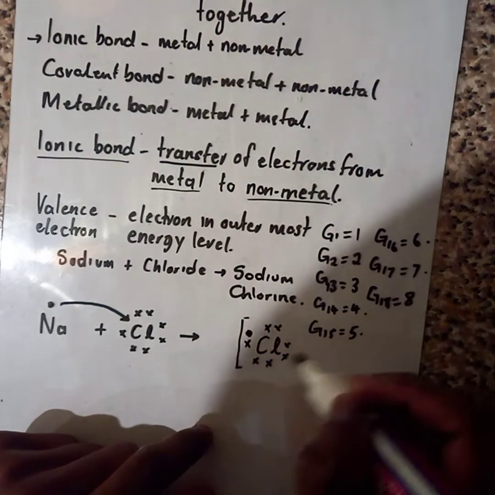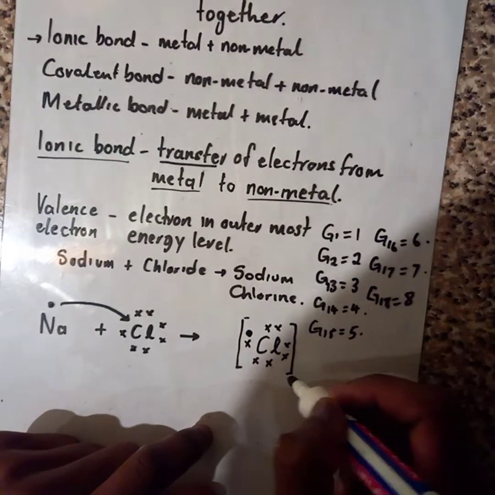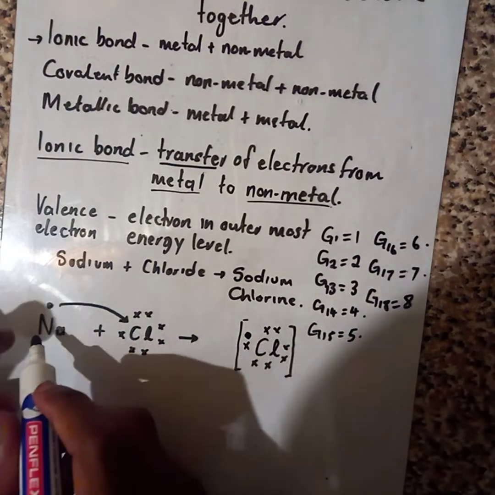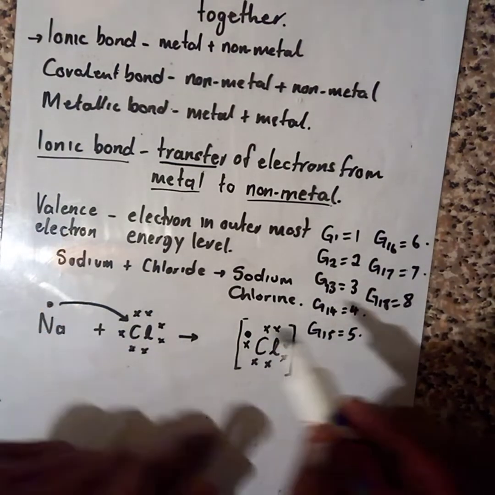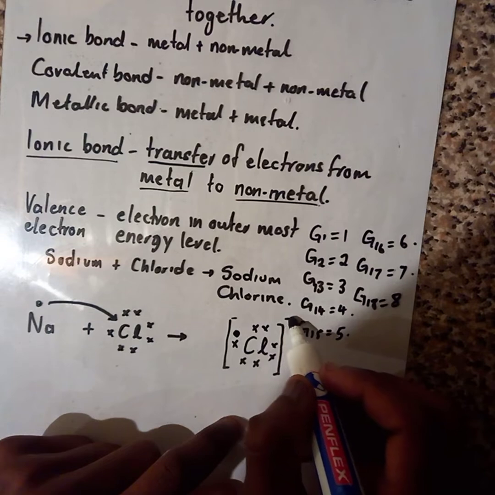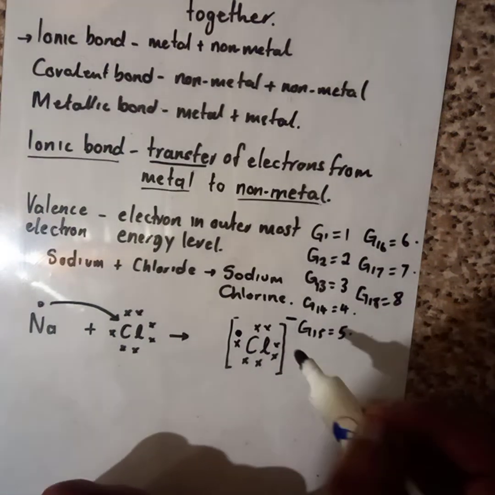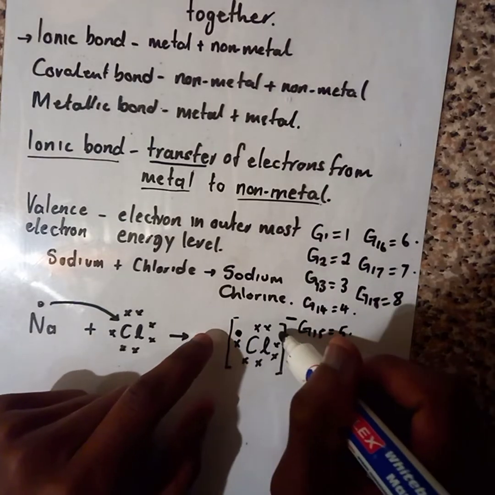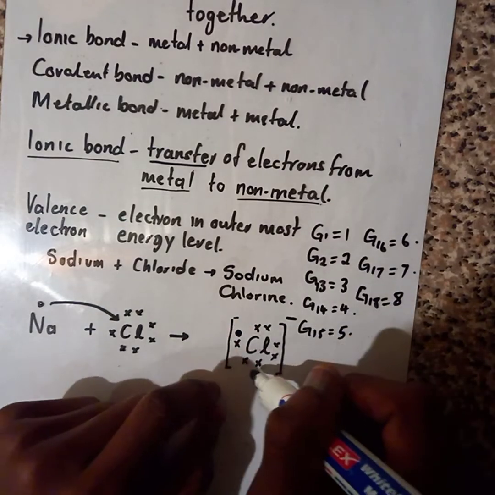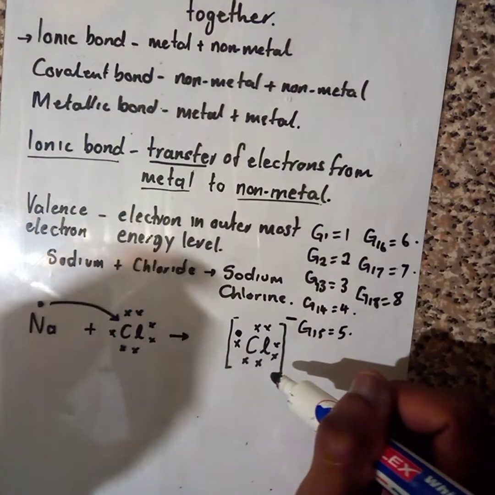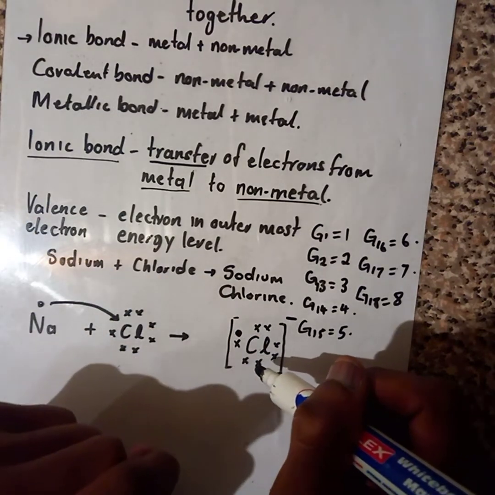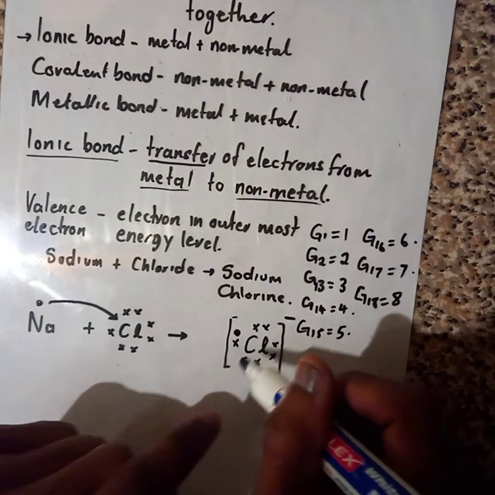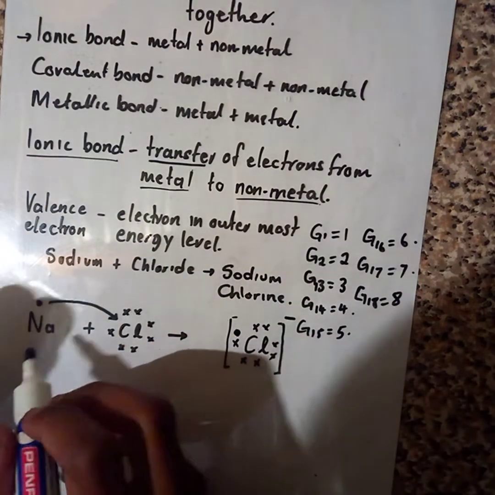Then immediately after including that electron from metal, don't forget to include a negative ion there to indicate that this chlorine has gained an electron from sodium.